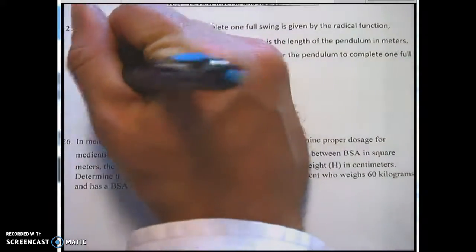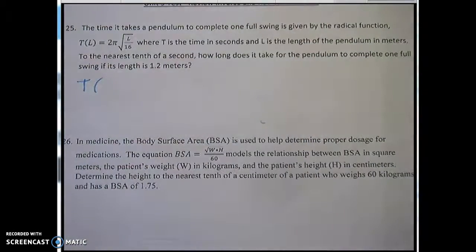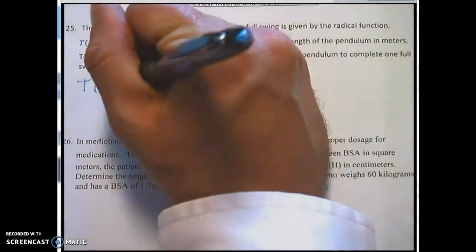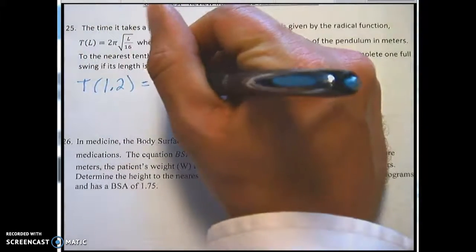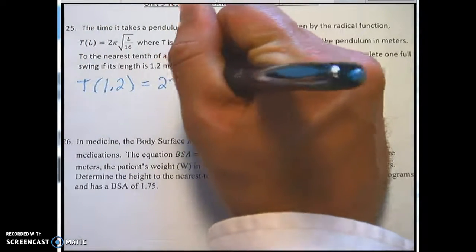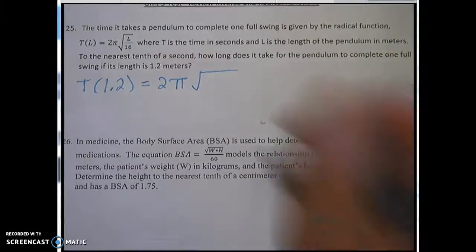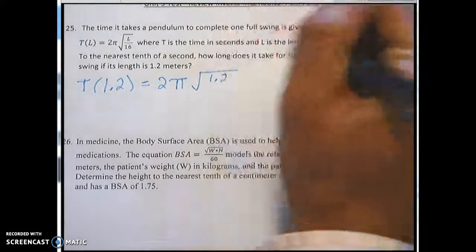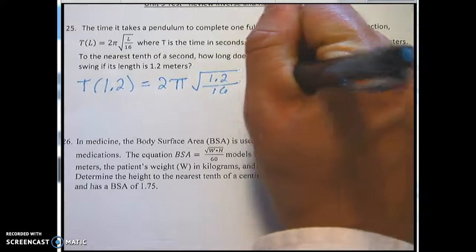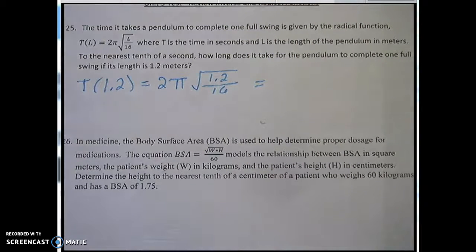So I want t of the length that they give me, which is 1.2. That's going to equal 2 pi times the square root of the length that they gave me, which is 1.2, divided by 16. Now the only thing tricky about this is typing it in the calculator.